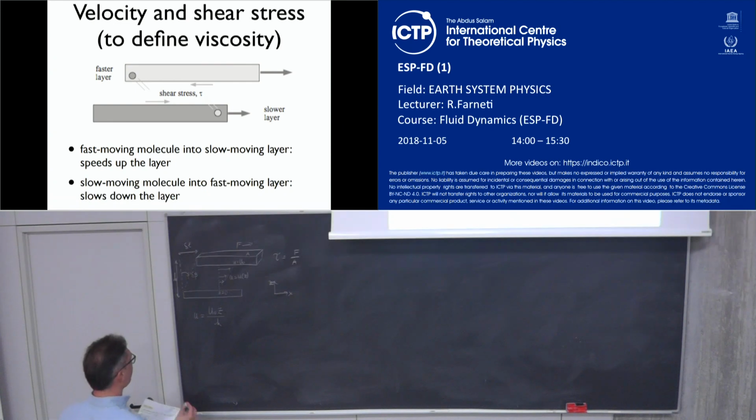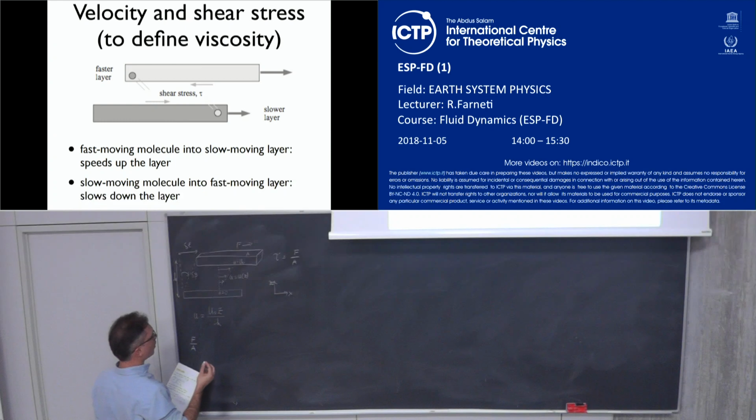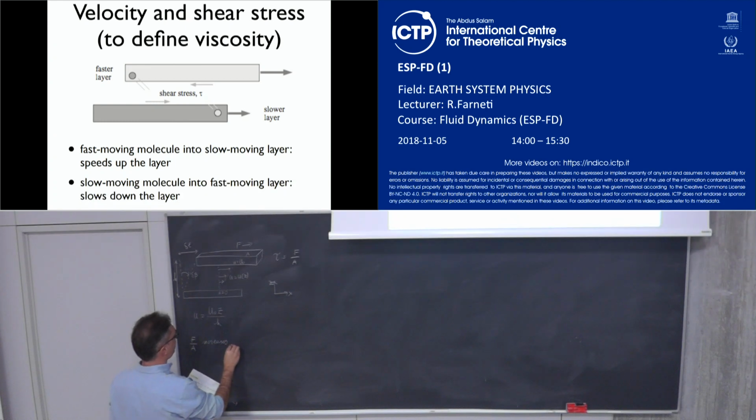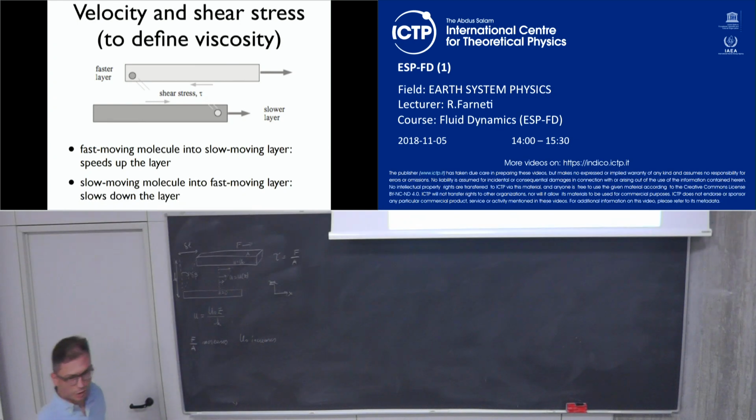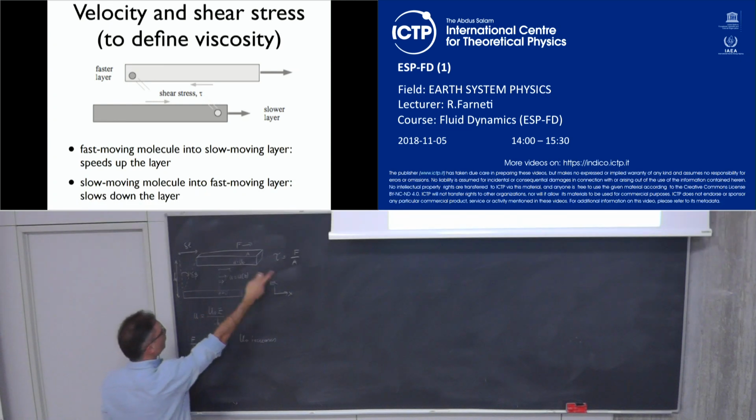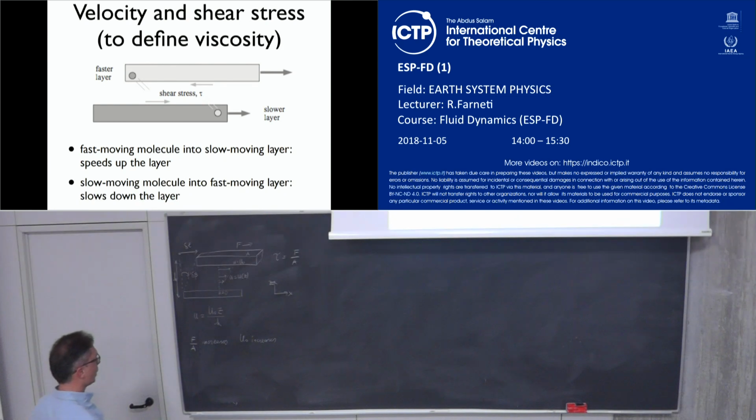So now that we have that, if the shear stress F over A increases, then your u naught increases. Okay, so the velocity is a function of the shear stress, of course. So the stronger the force, the faster the fluid deforms under the shear stress.